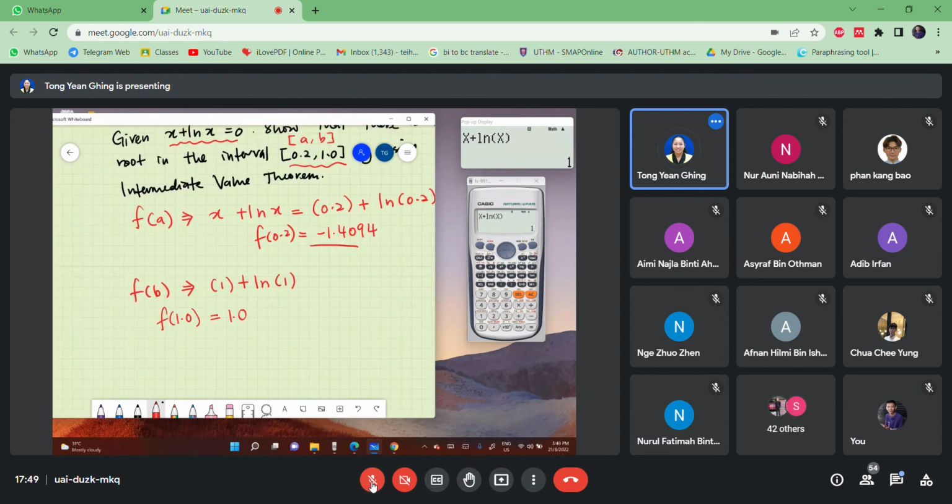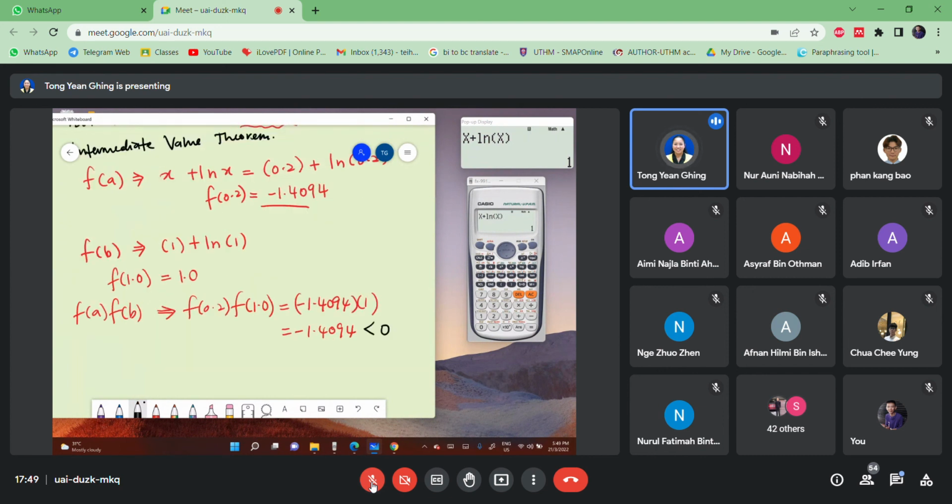So now f(a) times f(b), that means f(0.2) times f(1.0), is equal to negative 1.4094 times 1. So we get negative. So that means this one is less than 0, right?